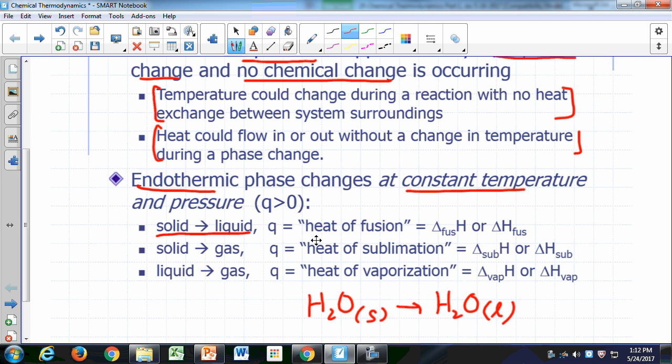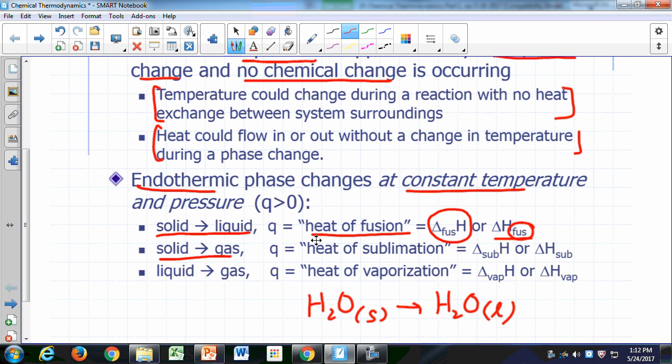The amount of heat involved there is called the heat of fusion, which is symbolized by delta H with a FUS subscript, an abbreviation for fusion. So the heat involved in melting is called the heat of fusion. Now, solid to gas is also an endothermic process.